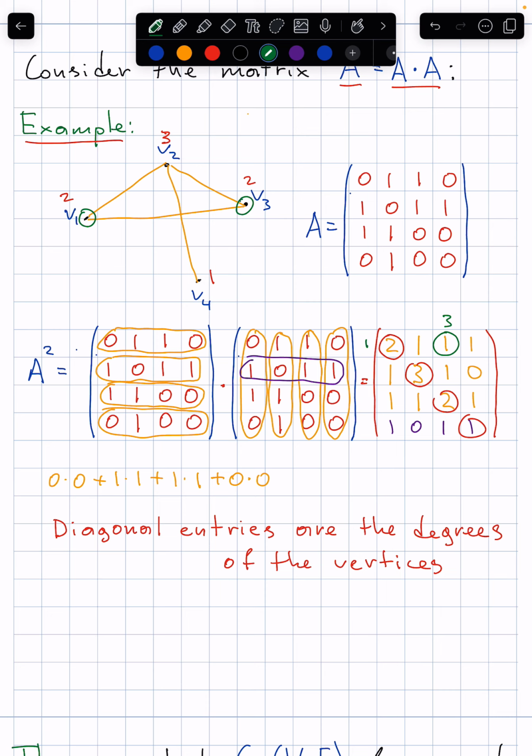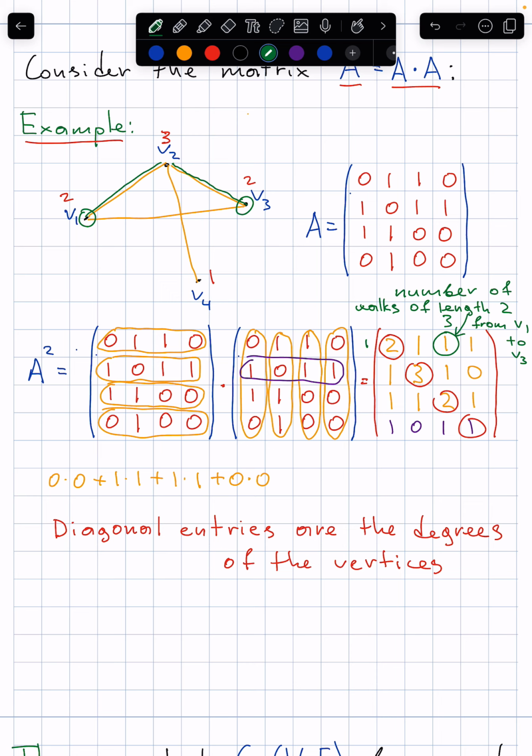It turns out that this one counts the number of walks of length 2 from V1 to V3. Indeed, there is one walk like this. We can go like this, and that's the only way to get from V1 to V3 in exactly 2 steps.